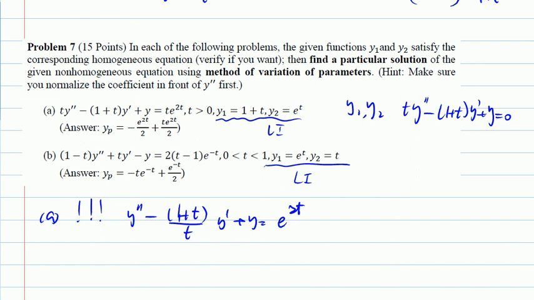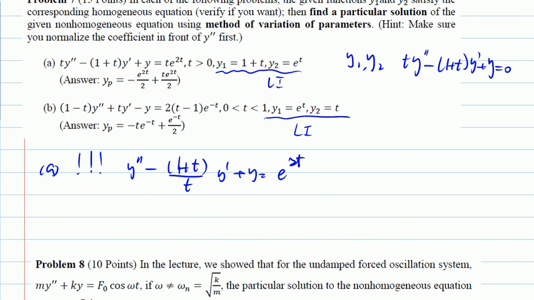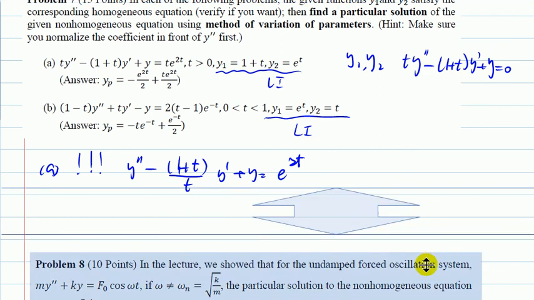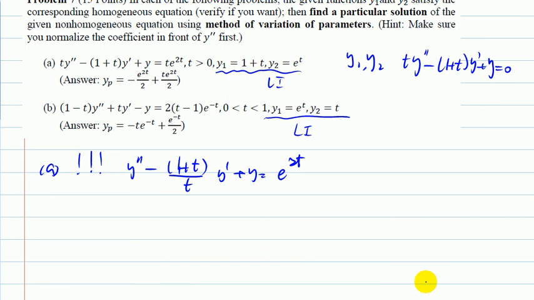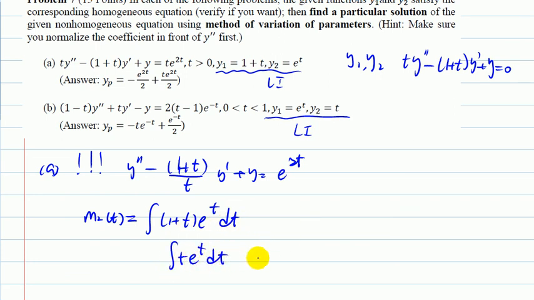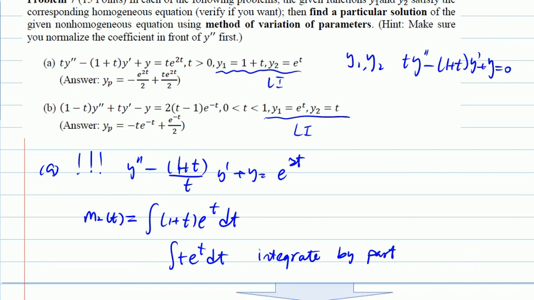The only part for part A is that you may need to use a simple integration by parts, for M2 essentially. M2 is the integral of 1 plus t times e to the power of t dt, and you'll end up with this. When you integrate this portion, apply integration by parts. That's what you need to be careful about.